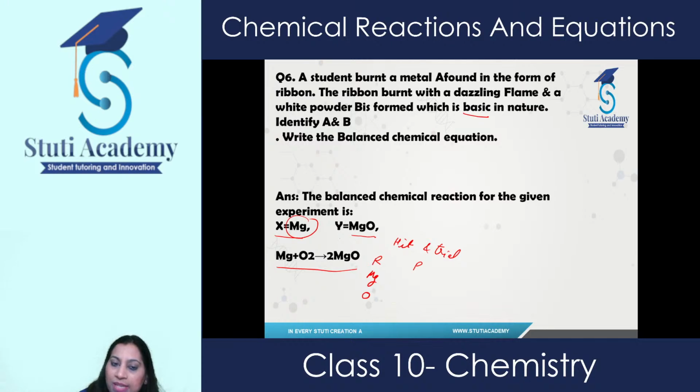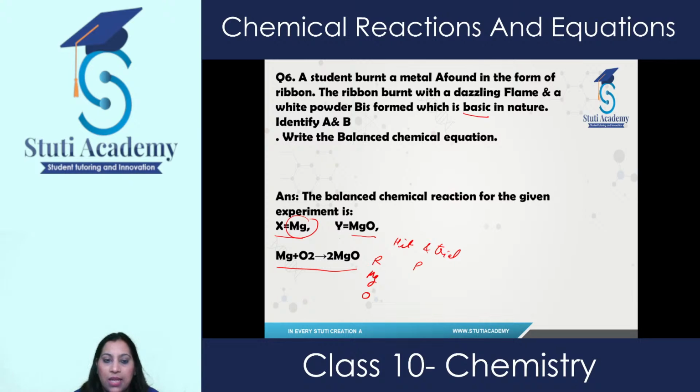On the product side also we have similar elements, according to the law of conservation of mass, that mass can neither be created nor destroyed. It means the number of atoms is the same on the reactant as well as on the product side. So we need to balance it.